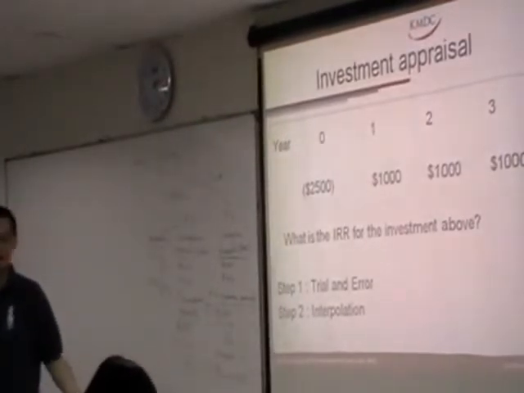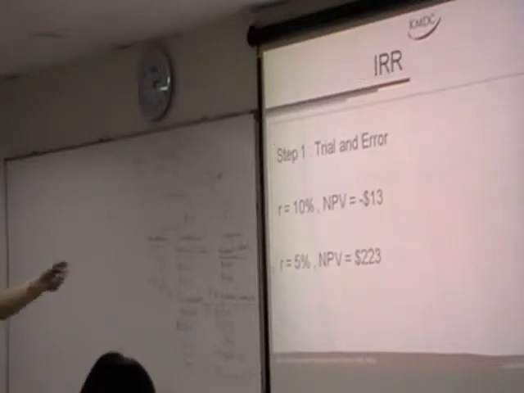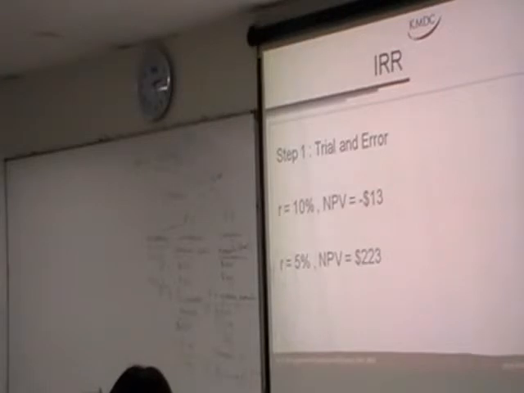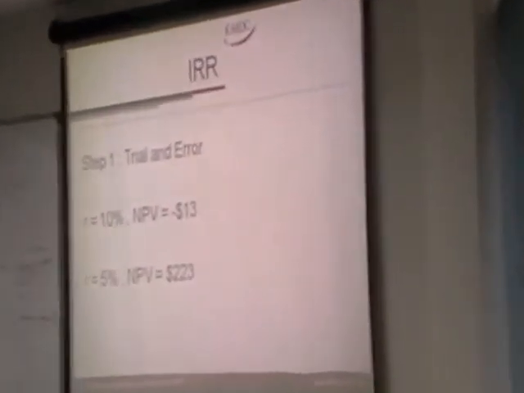To calculate manually, there's a trial and error. Earlier we calculated that at 10%, NPV is negative 13. When your cost of capital is 5%, NPV is positive 223. So 0 is between negative and positive. Can you follow?